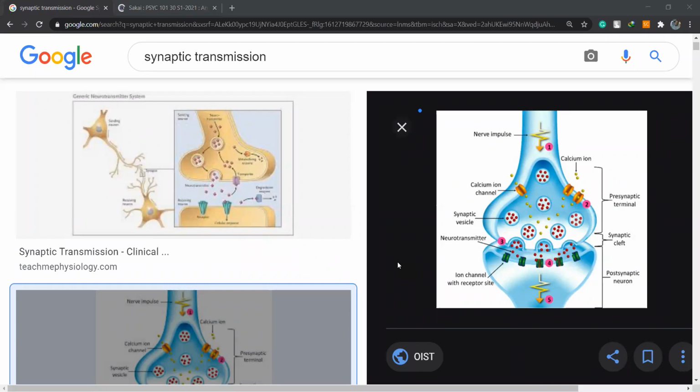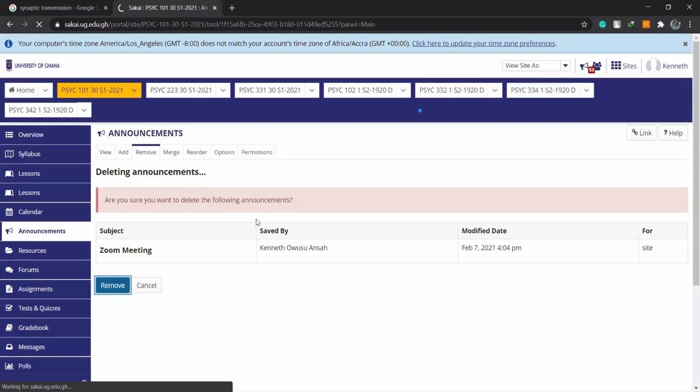So those neurotransmitters are the ones that will be moved from the presynaptic membrane to the postsynaptic membrane. And every neurotransmitter has ways and means in which it acts on the body. So essentially, that's what normally happens.